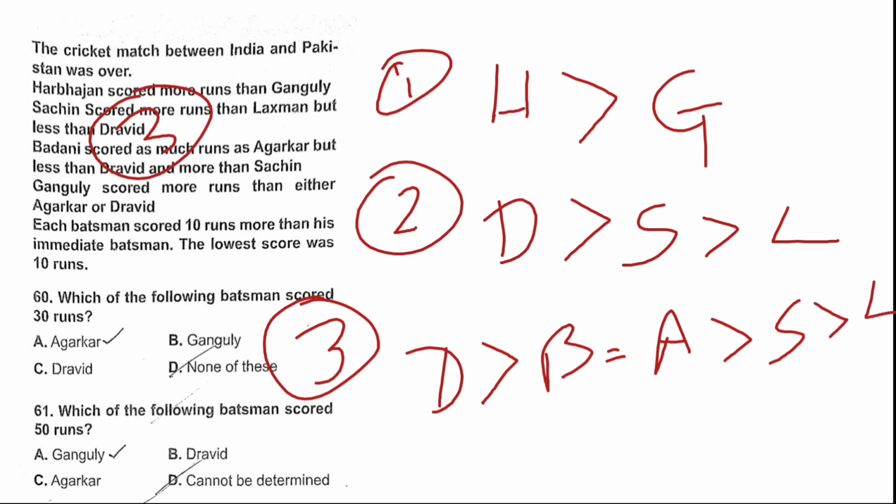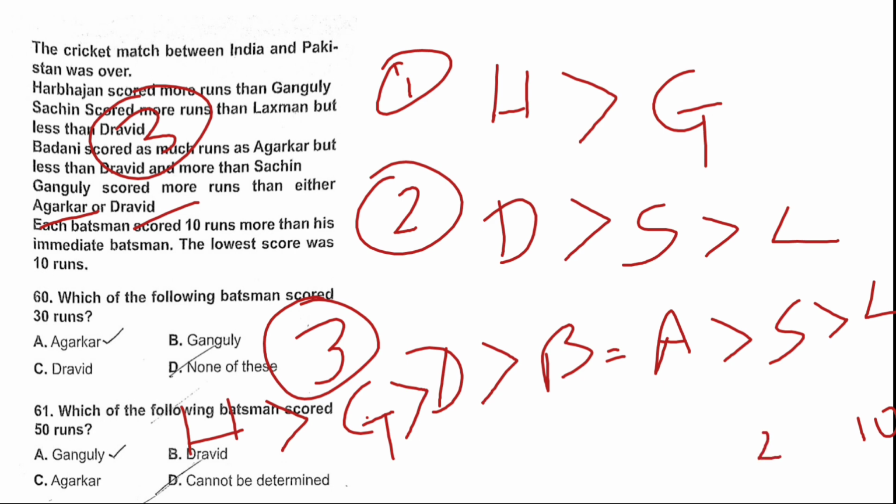Ganguly scored more runs than either Agarkar or Dravid. So now we have this and this, right? So this is the final relation that we got. Now at the last it says each batsman scored 10 runs more than his immediate batsman. The lowest score was 10 runs. So the lowest score, Lakshman, is getting 10.